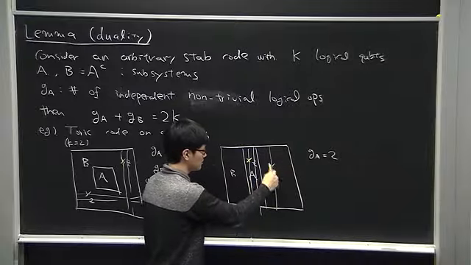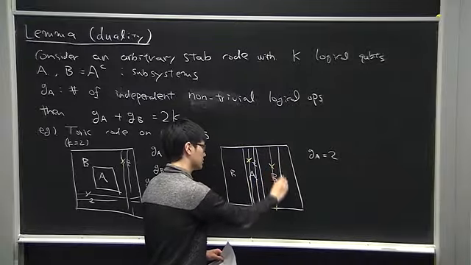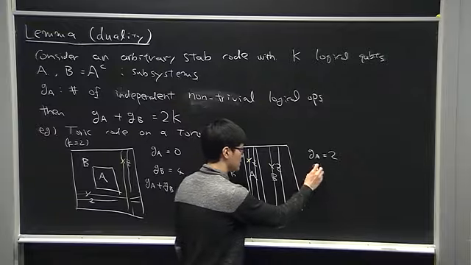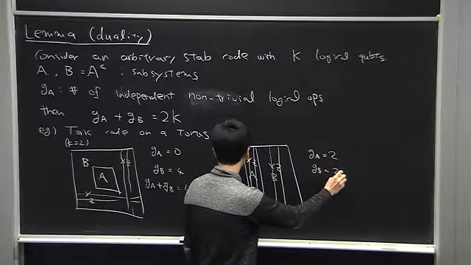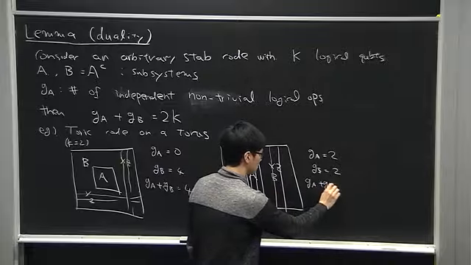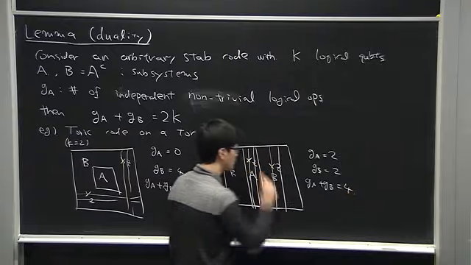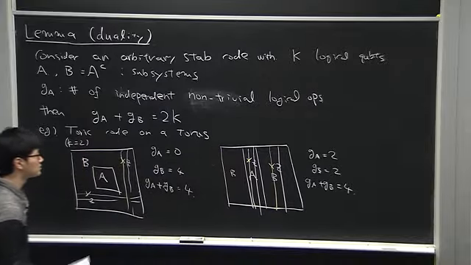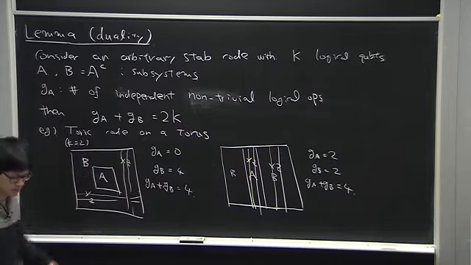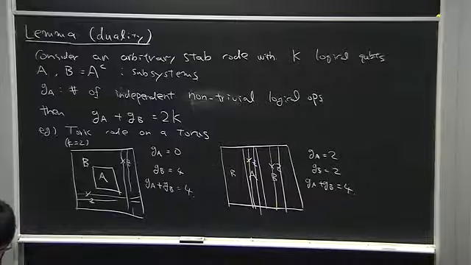So you can support these 2 logical operators, and therefore G_B is equal to 2. And then, okay, this is equal to 4. So this formula holds. But the point is that this type of formula, G_A plus G_B equals 2k, is true for any bipartition in a stabilizer code.